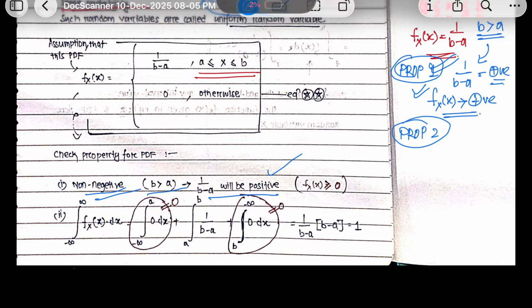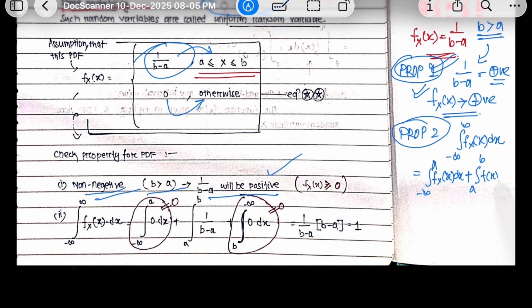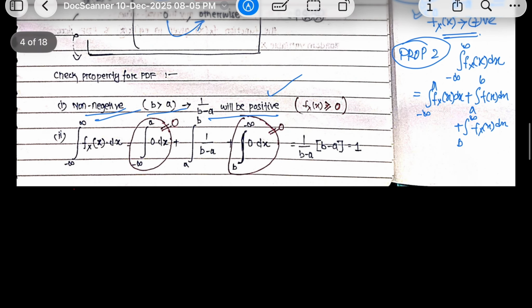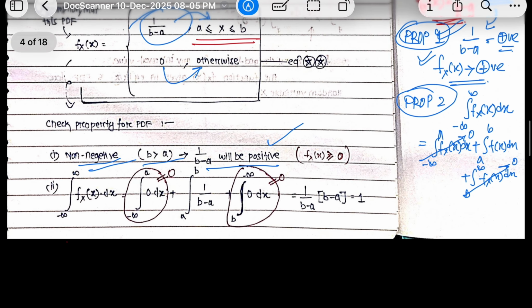The function is defined only between a and b, and otherwise the value is 0.